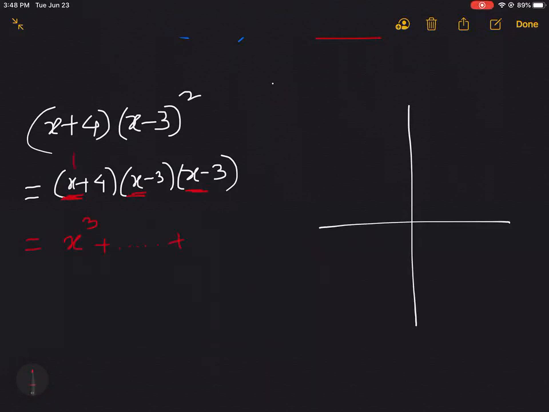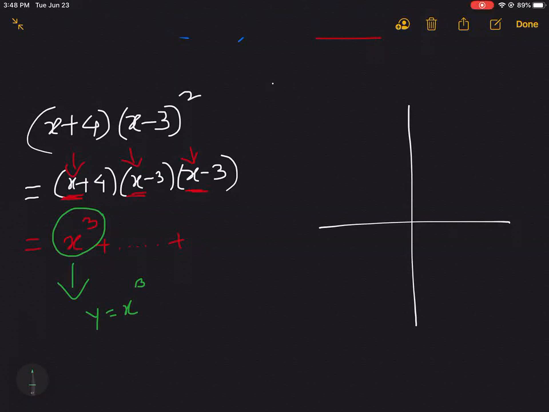Because you can see 3 x's here, and the highest exponent is 3. So my intuition should say that it will behave like y equals x cubed. Do you guys agree with me?